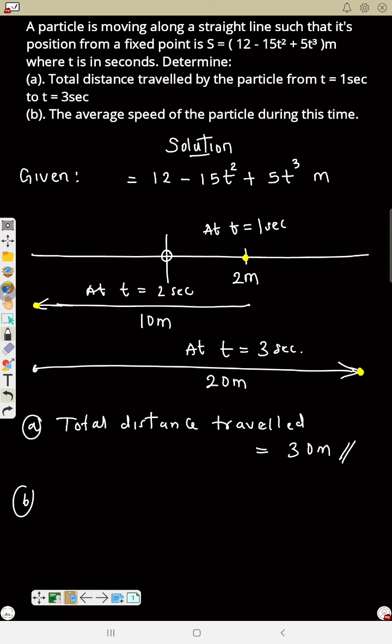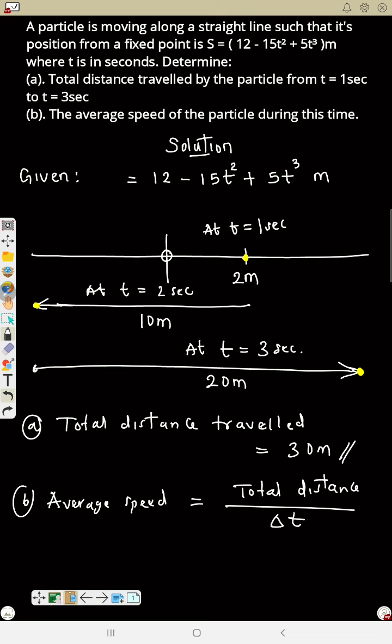B, average speed. Again, this is another point. Average speed is not average velocity. Average speed in an interval is equal to total distance traveled divided by the time interval.